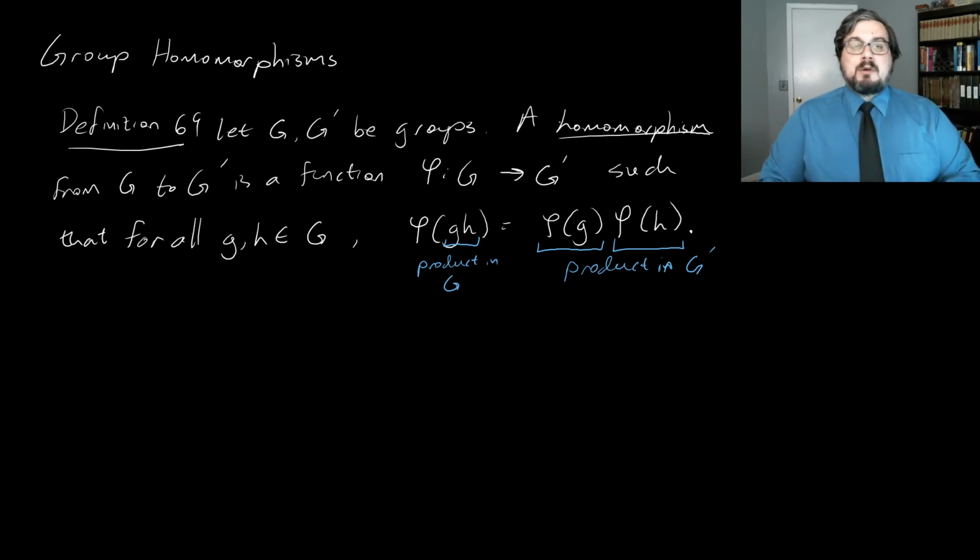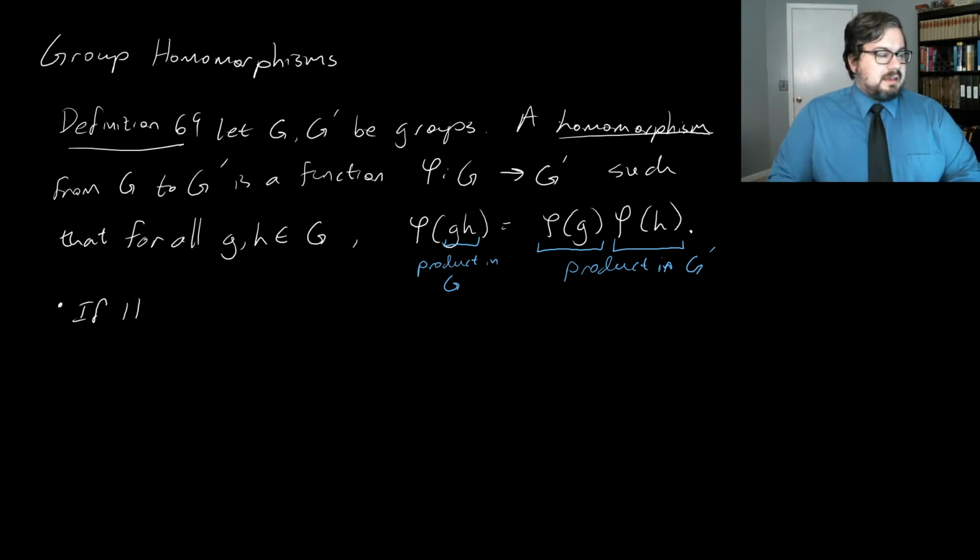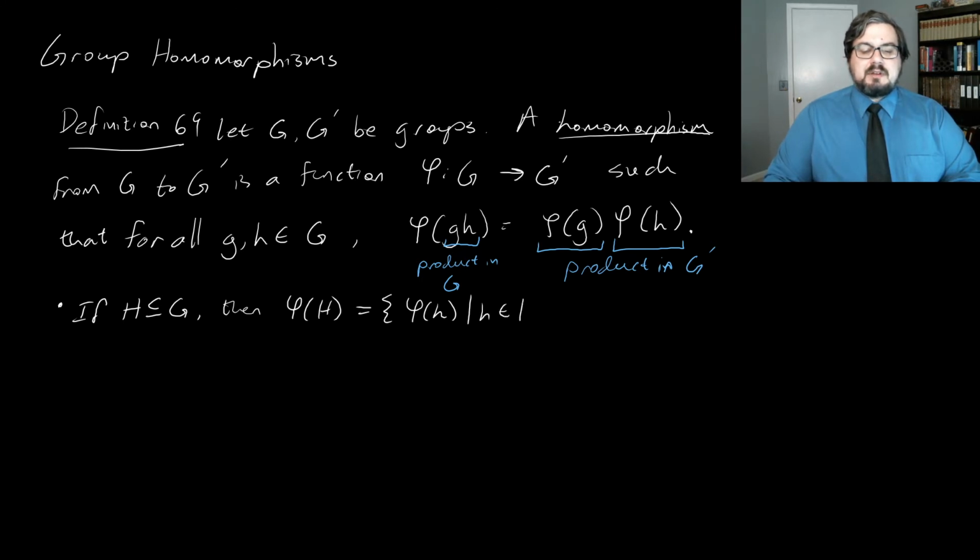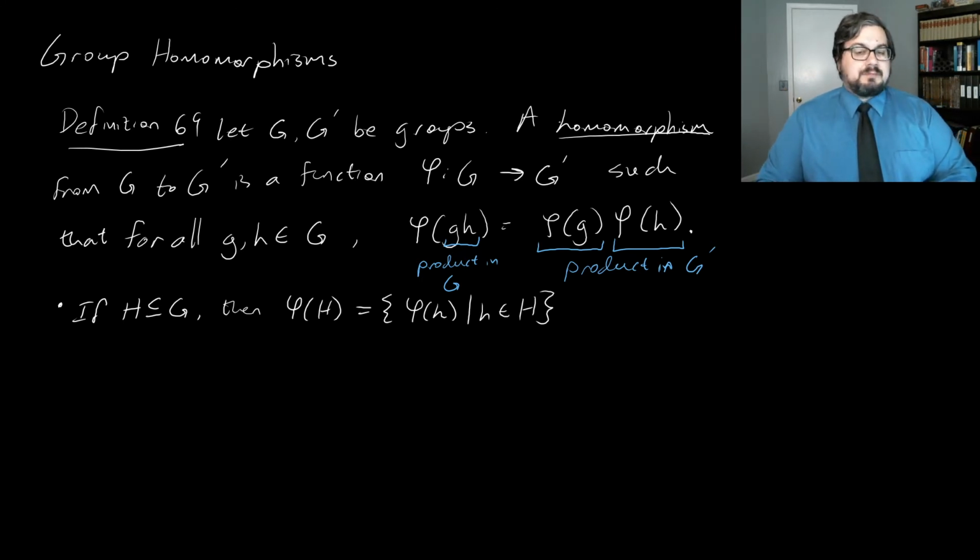Now, for a homomorphism, we have certain names that we give to various sets that we work with often. So, if H is any subset of G, then phi of H is defined to be just the set of all images of elements of the set H. So it's the set of all phi of h where h belongs to H. Notice that this is a subset of G prime.